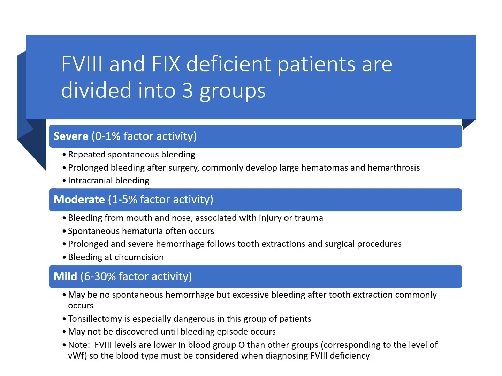The third category would be mild. These patients would have a milder propensity for bleeding, and we would see about 30 to 60% factor activity. There may be no spontaneous hemorrhage, but there could be excessive bleeding after tooth extraction, because obviously spontaneous hemorrhage would be more associated with a lower percentage of activity, but trauma or surgery could initiate a bigger problem for these patients.